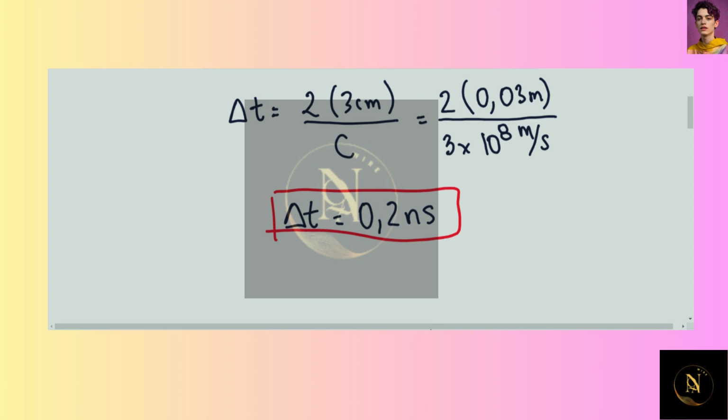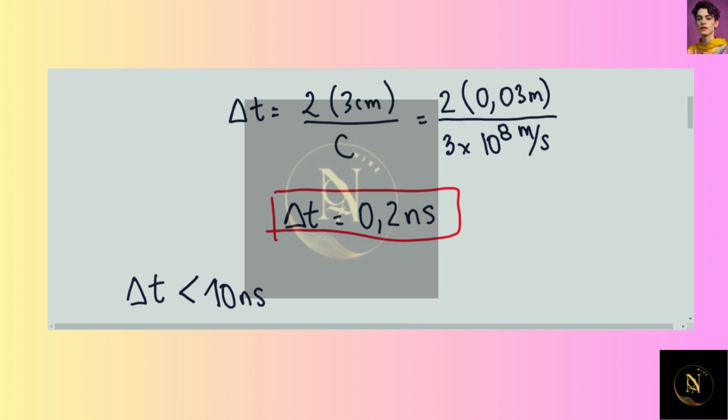But we know that there is a window of 10 nanoseconds for the detector to detect if two events occur at the same time or not. So as you can see, delta t, the time that we obtained, is less than that value.